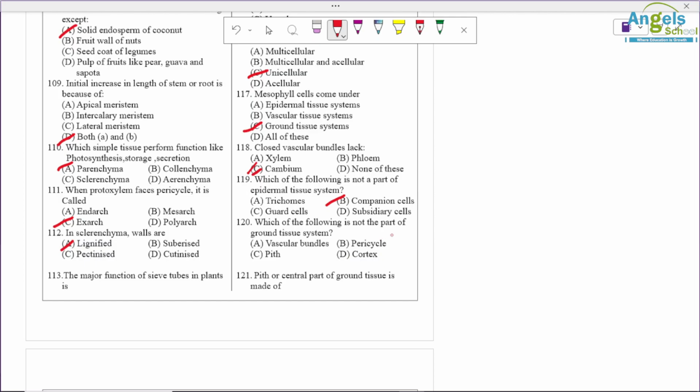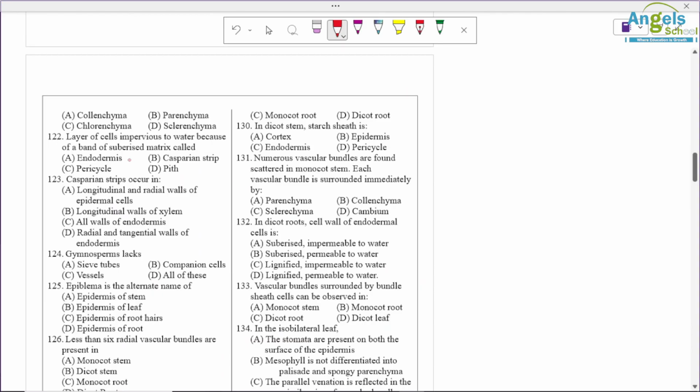Which of the following is not the part of ground tissue system? So vascular bundle is not a part of ground tissue because it is a part of vascular system. Pith or central part of ground tissue is made up of parenchyma cells.